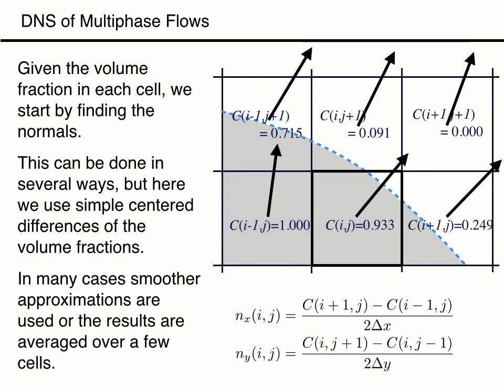The normal can be found in many ways, but in most cases it is estimated to be the gradient of the marker function. Since the marker function changes abruptly from 1 to 0 over only one cell, some smoothing is generally involved, but the simplest approximation is to use center differences as shown here. Notice that both the interface cells and the cells close to the interface have a non-zero normal.